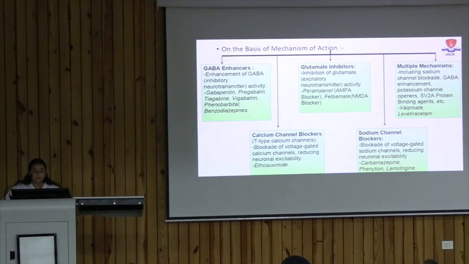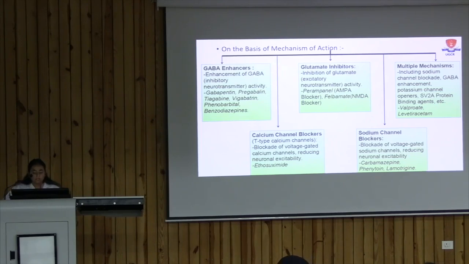Glutamate inhibitors inhibit glutamate activity, which is an excitatory neurotransmitter. Perampanel blocks the AMPA receptor, while felbamate blocks the NMDA receptor, both of which are present in the postsynaptic terminal of the glutamate neuron. Sodium channel blockers cause blockage of voltage-gated sodium channels, reducing the neuronal excitability.